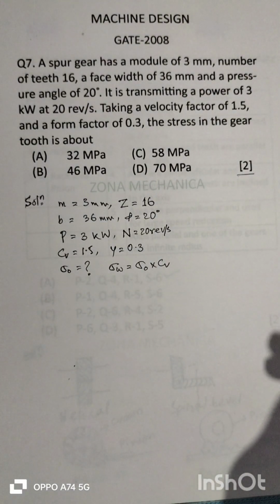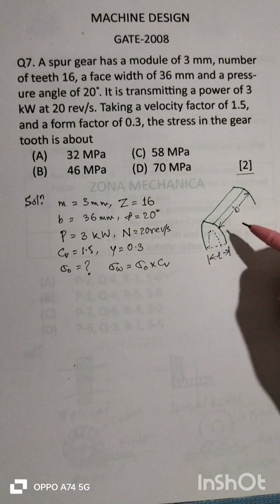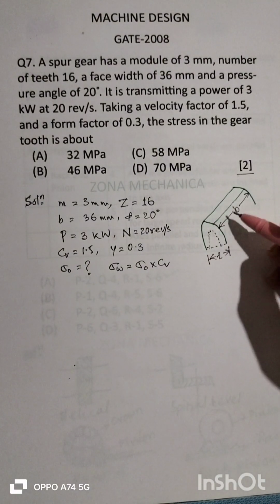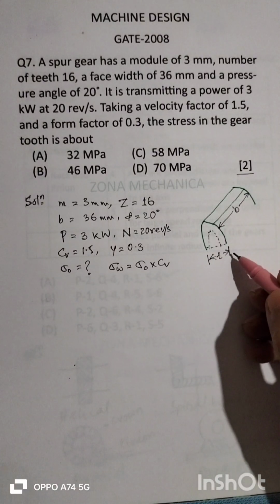Let me draw a schematic diagram. Suppose this is a tooth of the gear, this is the face width b, and this is the tooth thickness.